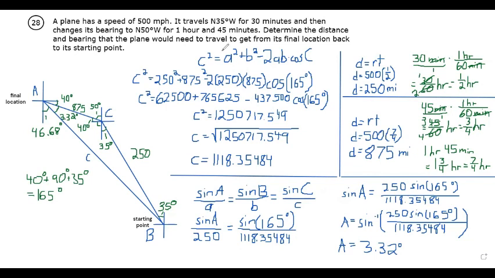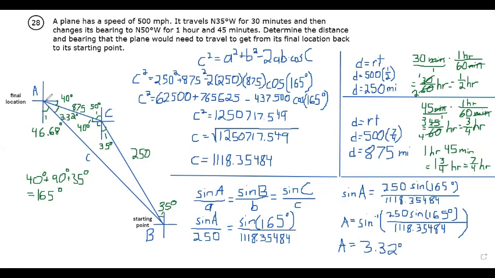So the formula for the law of cosines that we can use is c squared is equal to a squared plus b squared minus 2ab times the cosine of C. And we can just plug in the values that we know. So we're trying to find c. Well, we can plug in lowercase a and lowercase b.